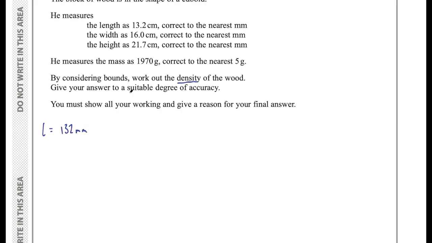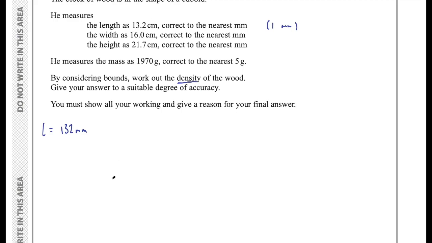The reason I'm doing this is because they've rounded to the nearest 1 millimeter. Well, they say nearest millimeter, but that's the same as 1 millimeter, right? So the little trick is, whatever you're rounding to the nearest of, so 1 millimeter, take a half of that and then add it and subtract it.